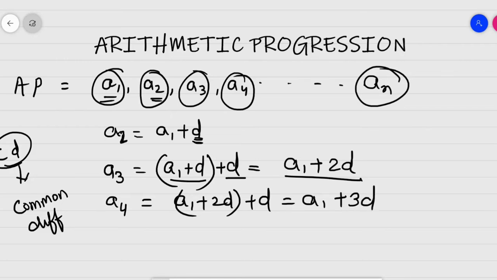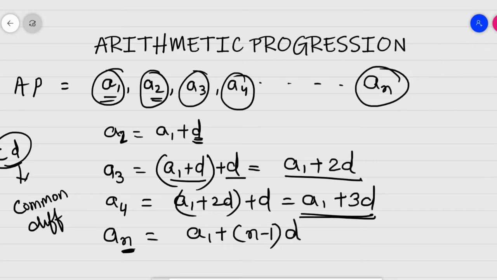Similarly, if you are moving forward, how will you get an? From here you can find it out. See, a4 is equal to a1 plus 3d. So an will be equal to a1 plus, one less than n, that is n minus 1, into d.